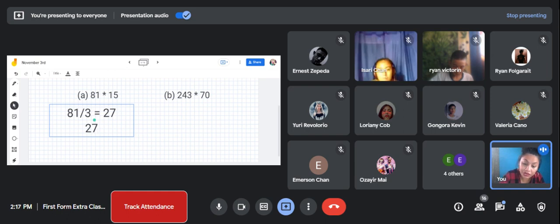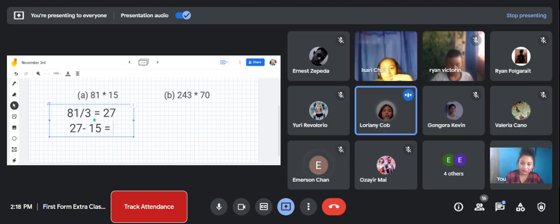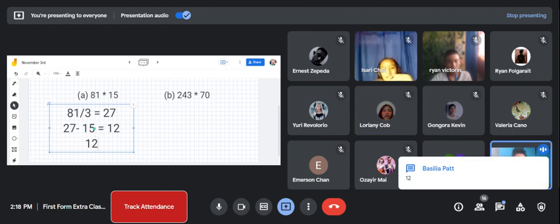The result goes first and then the second number, because I'm going to take away the second number from the answer. The keyword is from. When you start doing problem solving, these little tricky English words will have a big role in solving word problems. So what is 27 minus 15? 12. Very good. My answer for this question is 12.